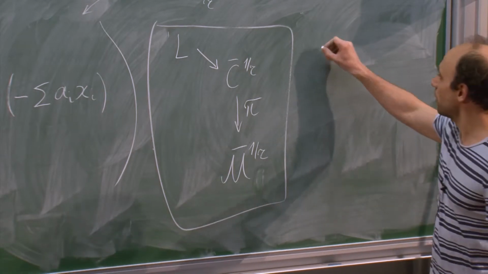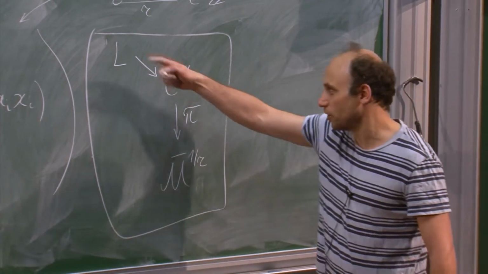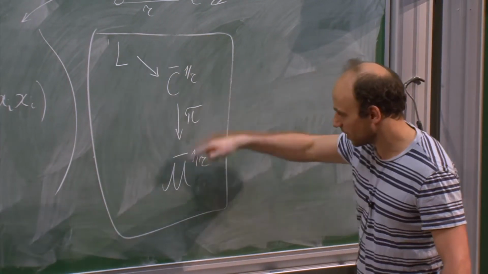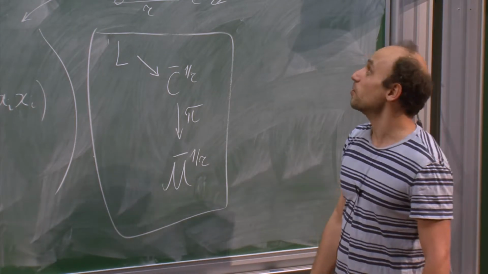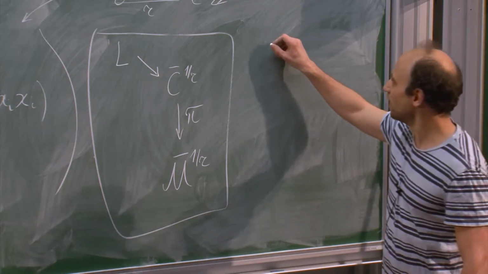And now I can look at the pushforward, so the sheaf of sections of this line bundle, and take its pushforward, the derived functor R star pi star.